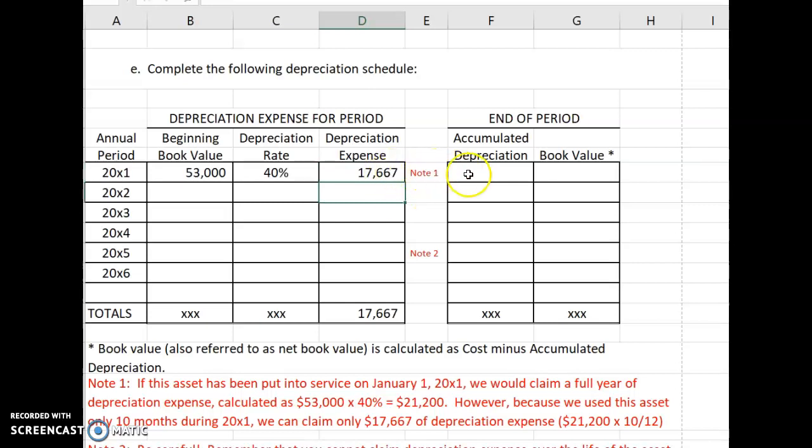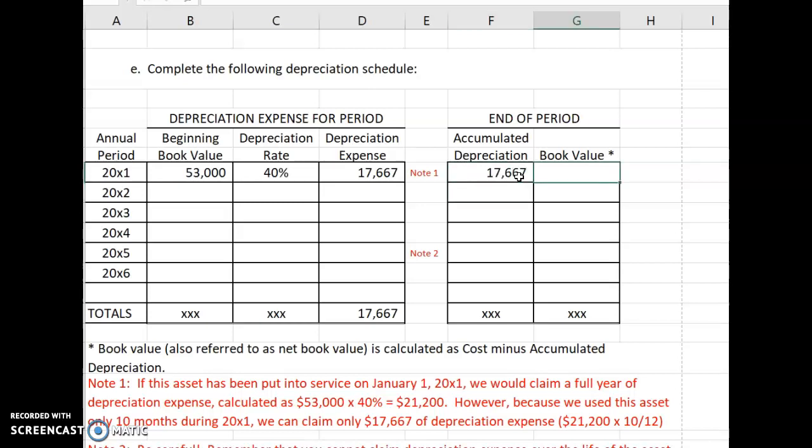Now, you probably know from working with prior depreciation methods that accumulated depreciation is beginning balance plus current year expense. There was no beginning balance in X1, so our accumulated depreciation at the end of X1 is 17,667.